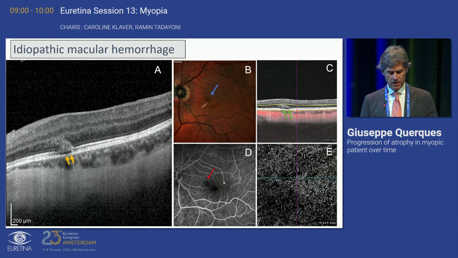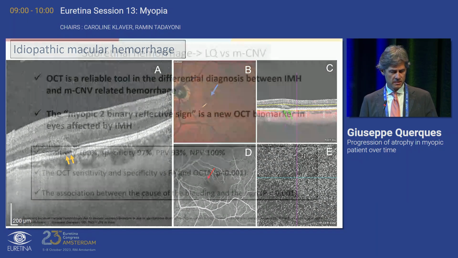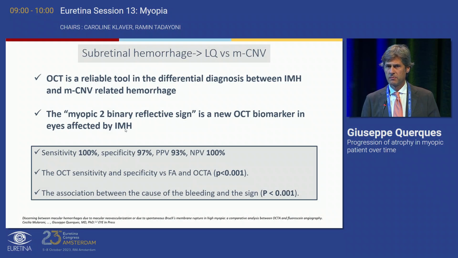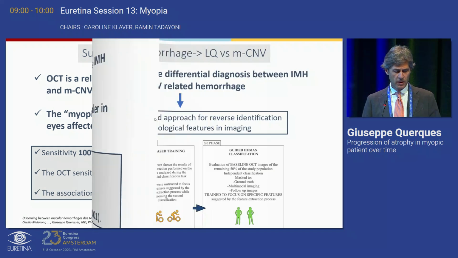Again, FA and OCT angiography demonstrated the absence of new vessels, but still the beautiful binary sign is clearly detectable here. This is very close to 100% sensitivity and specificity, so we can distinguish between simple bleeding and bleeding from CNV with just a structural OCT, looking at this highly reliable OCT sign.